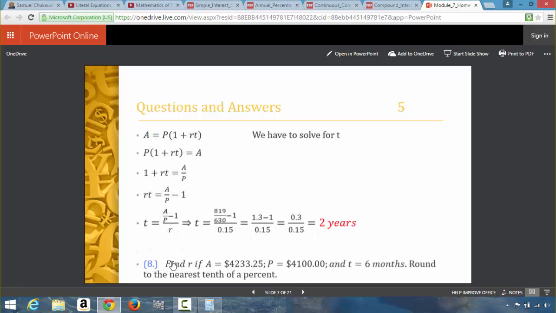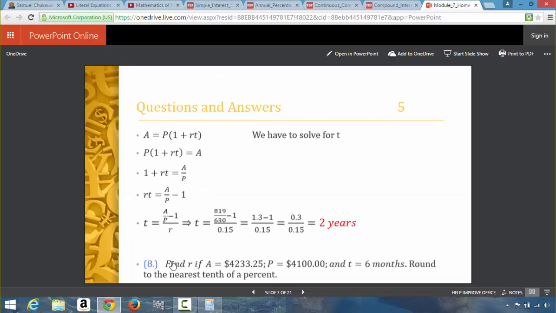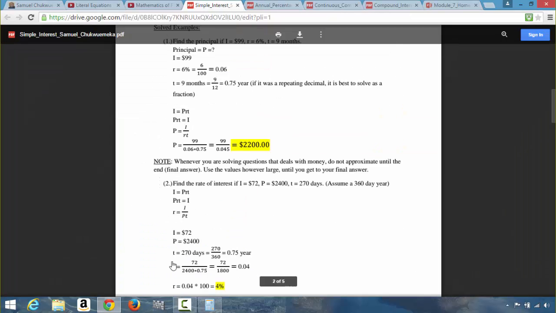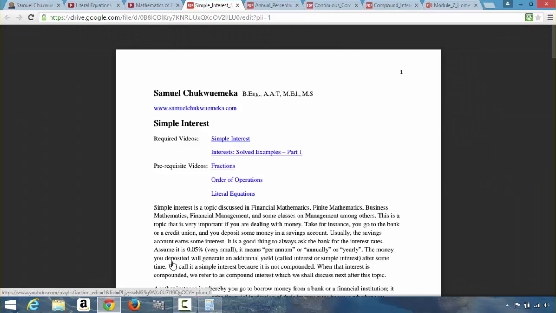So this is the amount, but you have to solve for t. How do you solve for t? Literal equations. This will teach you how to solve for t. Now, why didn't I mention it as a prerequisite? Because when you go to the prerequisite, like simple interest, you see it right here that literal equations is a prerequisite.